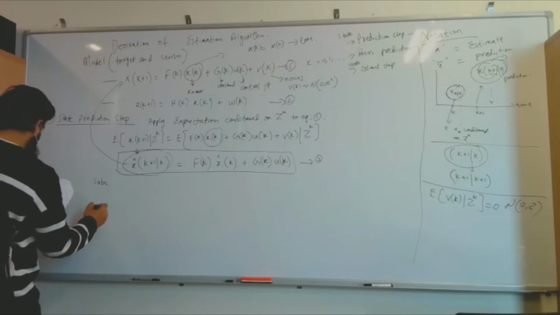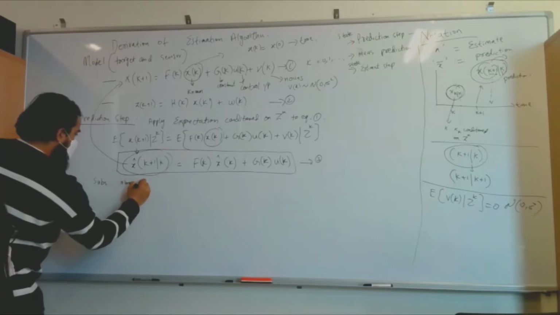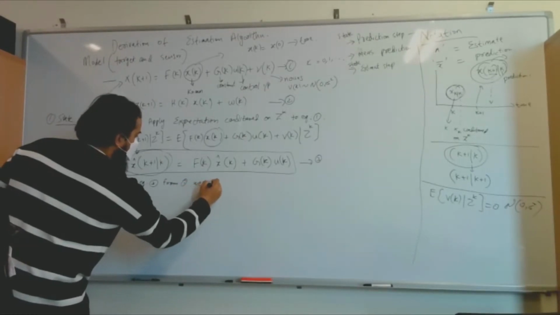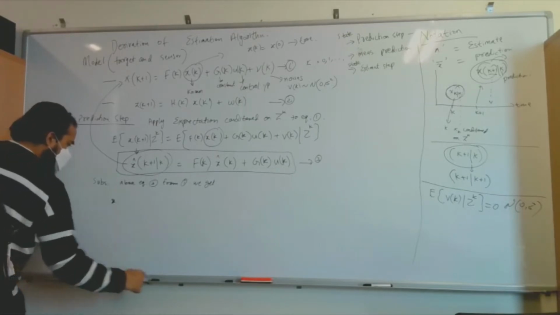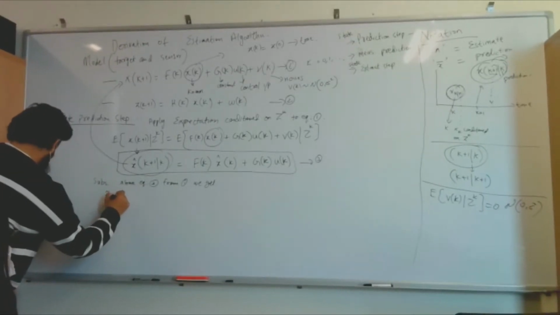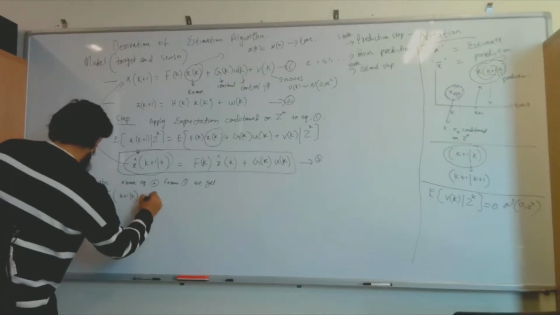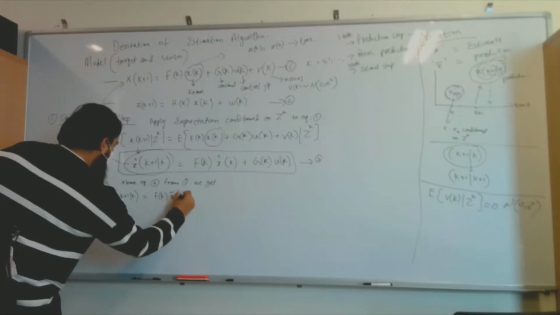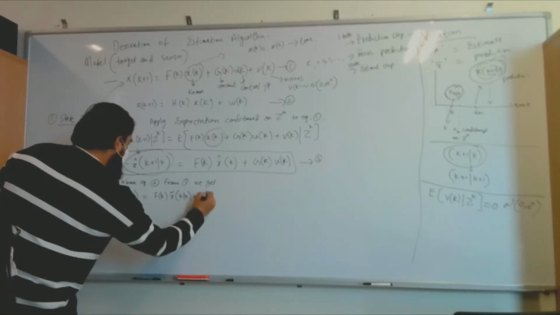Subtract the above equation 3 from 1, we get x of k equals f of k plus v of k.